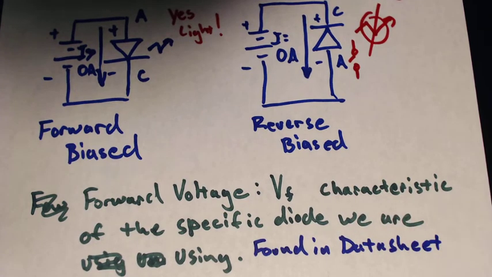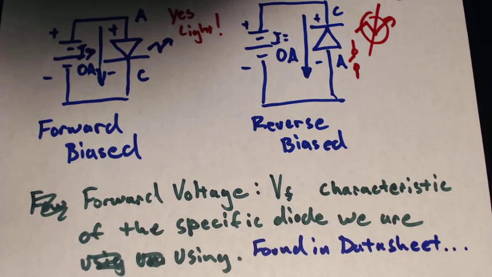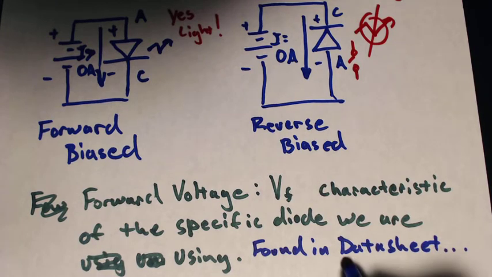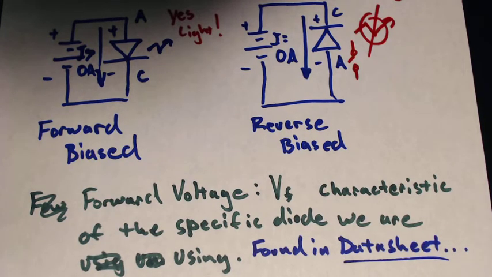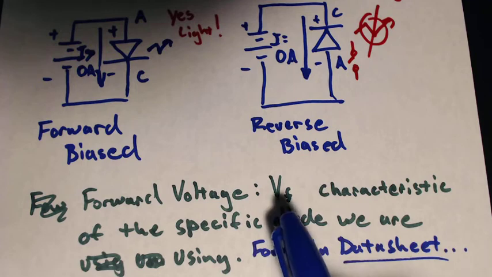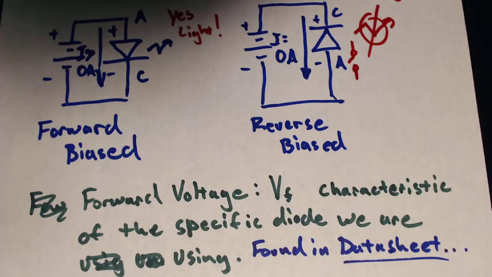When a manufacturer creates a diode and sells it on the market, they don't just sell you the component, they also need to have some literature that tells you specifics about that component. And so for every single device you ever purchase, there's an associated data sheet. So you open up this data sheet, and you're going to find this value, this characteristic.